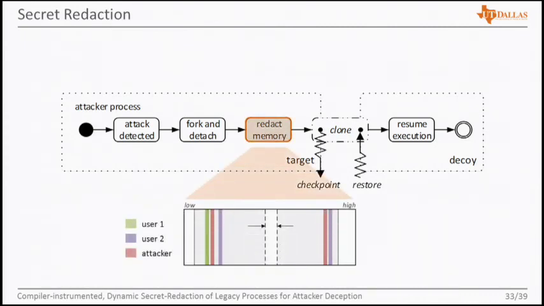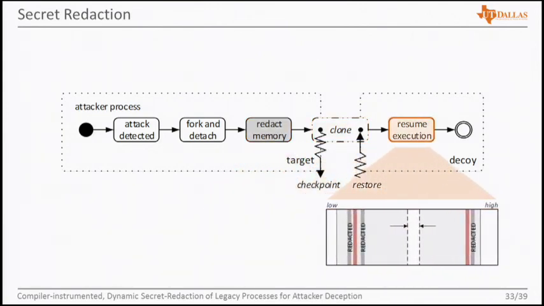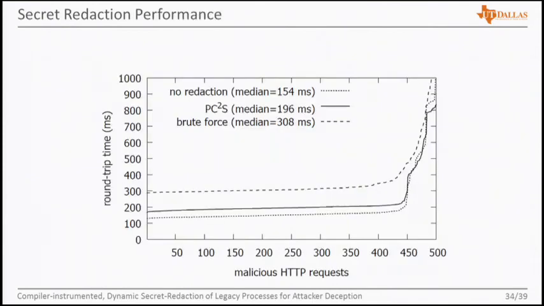Then we implemented a redactor that scans the memory byte by byte and replaces the secrets from the other users with fake data. We then allow the process to resume in the decoy safely. To test the performance of the redactor, we created an experiment where 500 malicious requests were sent to the server and we measured the response times.